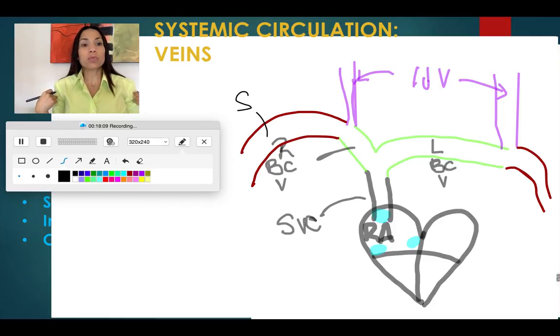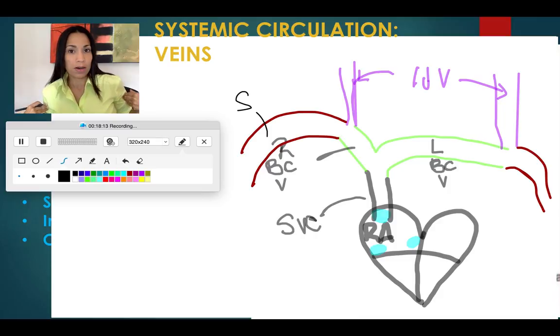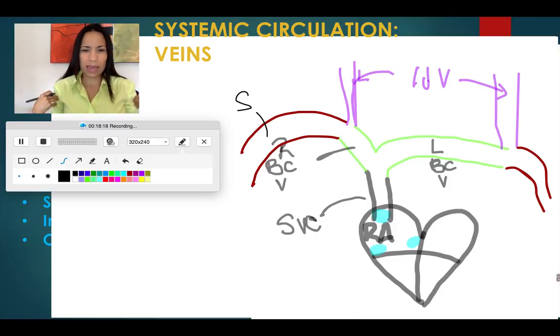But you know that if the subclavian arteries are supplying your upper limbs, we can deduce that the subclavian veins are draining your upper limbs. So subclavian veins come from the upper limbs. From your head and neck, they're coming to jugular veins.